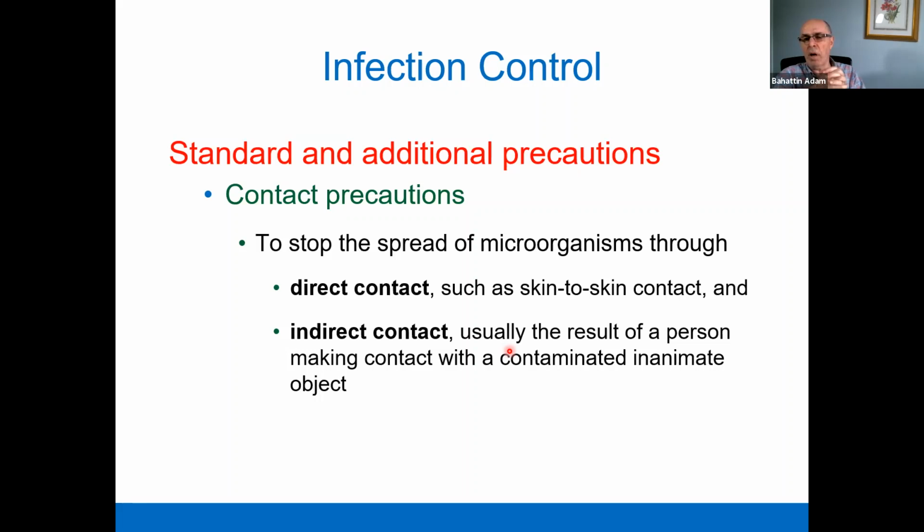Wearing gloves, gown, or lab coats may stop the spread of the microorganism. Also, indirect contact is usually the result of a person making contact with contaminated materials. If you wear gloves and lab coats or gown, they may also protect yourselves and other lab workers.